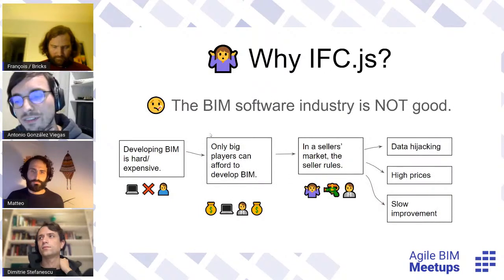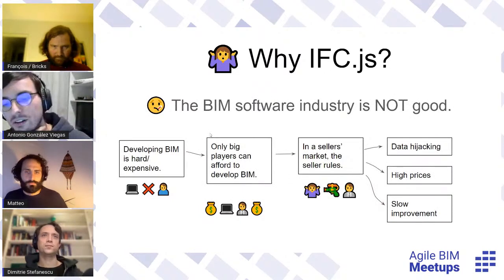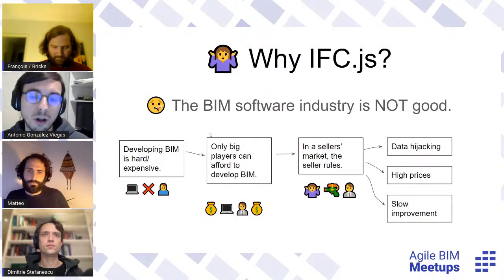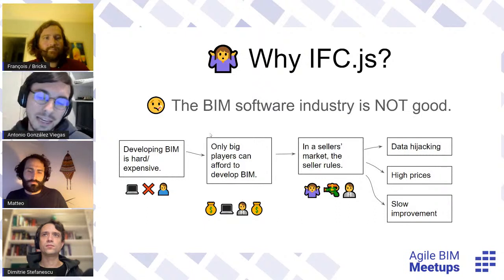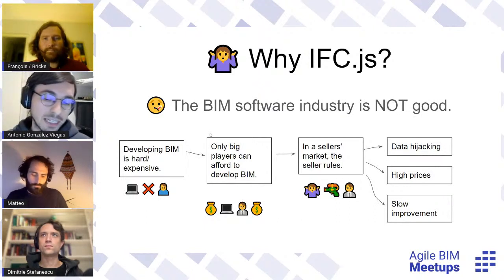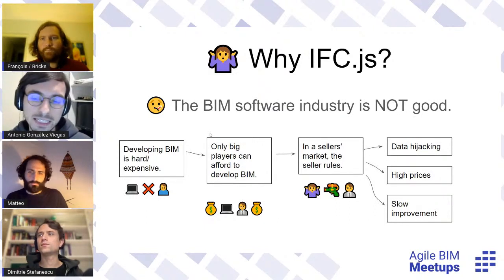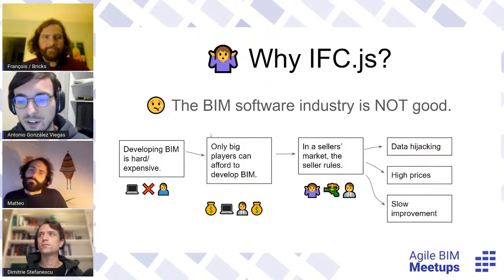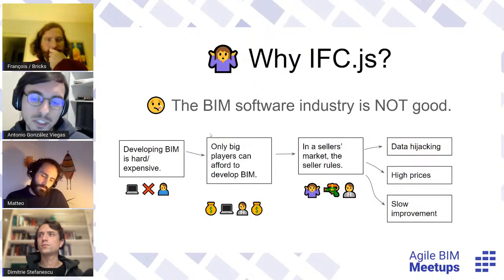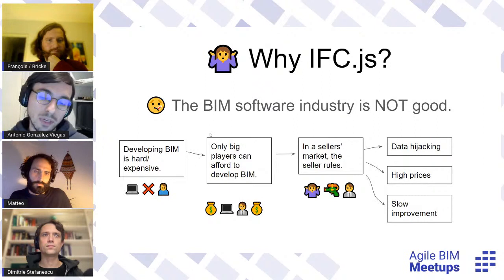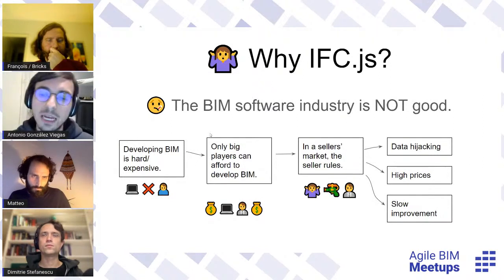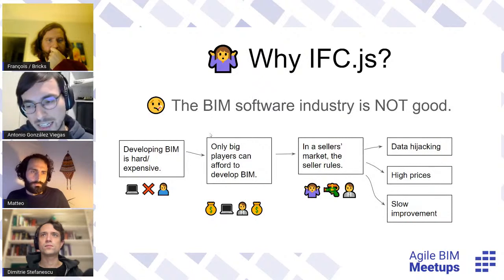And this is more or less the situation that we have in the BIM software market right now. Obviously, in BIM we have many problems, and this is not the only one, but many of you know this already. We only have a bunch of big software development companies, mainly because they are the only ones that can afford to develop serious or professional BIM software, because developing BIM software is hard and expensive.